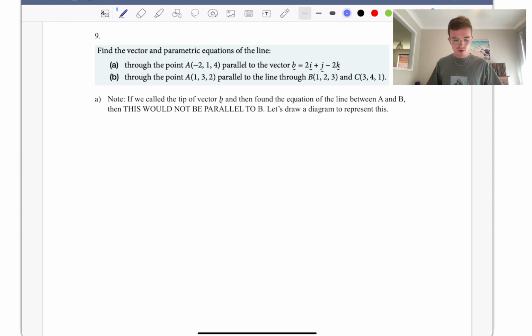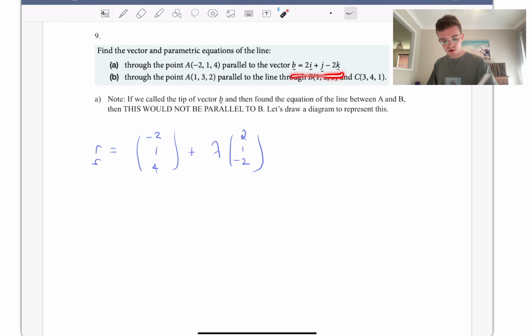So the line through A parallel to that vector. I feel like I'm overcomplicating it. So let's just say R of t is simply going to be (-2, 1, 4) plus lambda lots of (2, 1, -2). So it's going through this point and it's parallel to that.